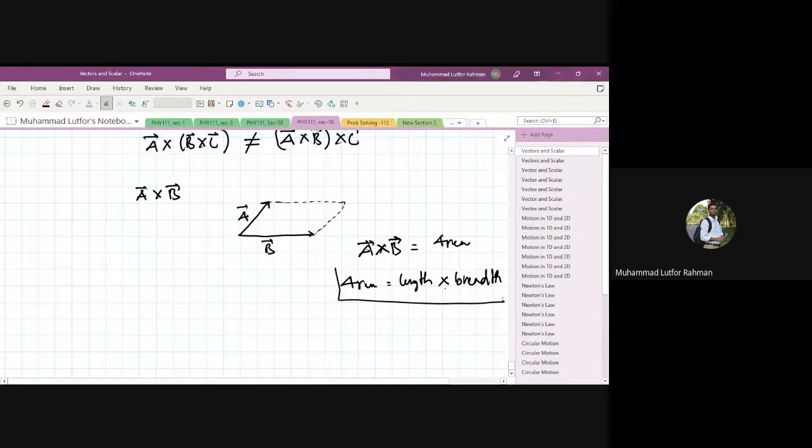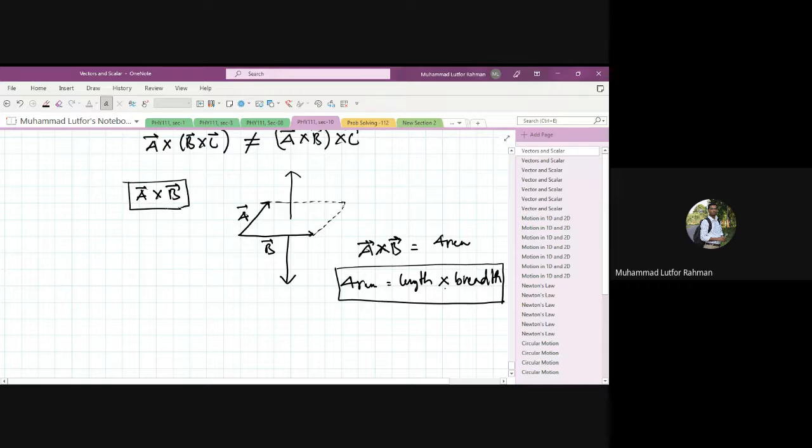Then what will be the direction of that one? The direction would be perpendicular to that surface. Either it could be upward or it could be towards the downward direction. The area vector will always be perpendicular to that surface, whatever you are calculating.